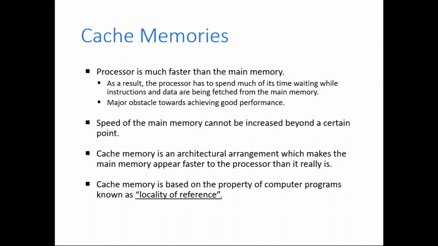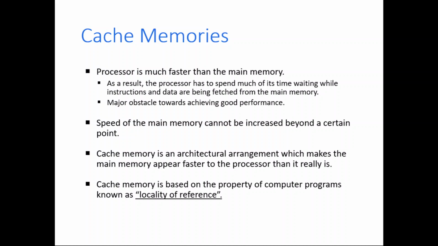As you know, the processor works much faster than the main memory. The processor can do things very fast, but main memory cannot cope with the speed of the processor. So the processor has to wait for a long period of time for the main memory to complete the task and return.